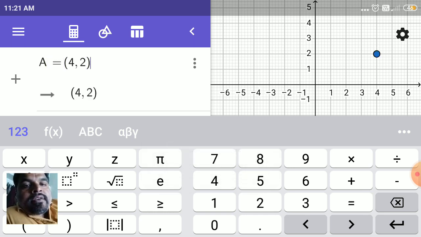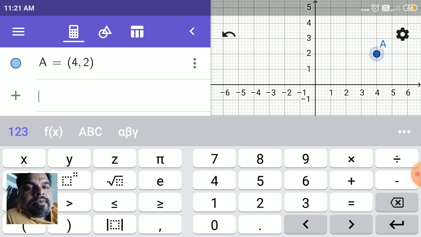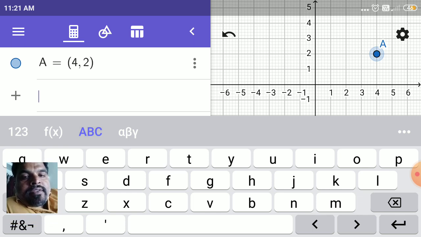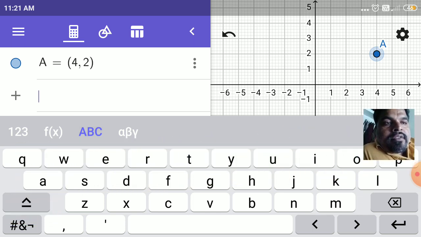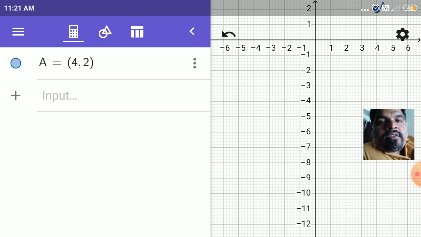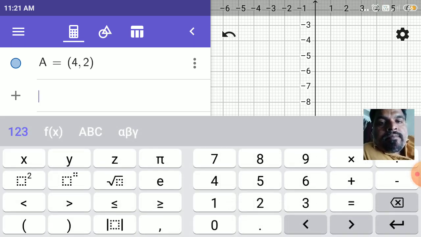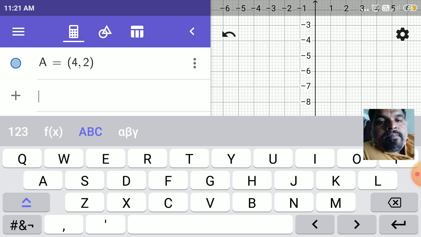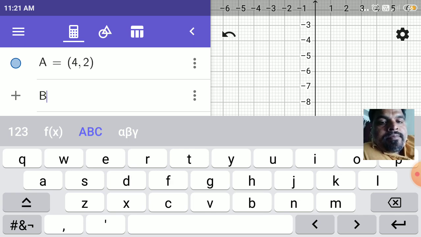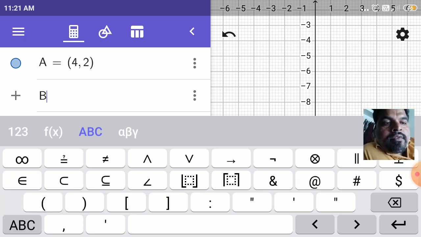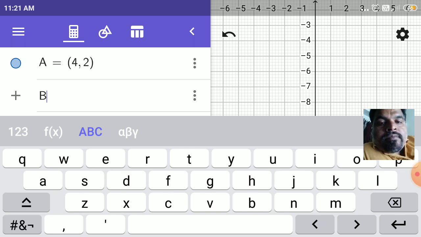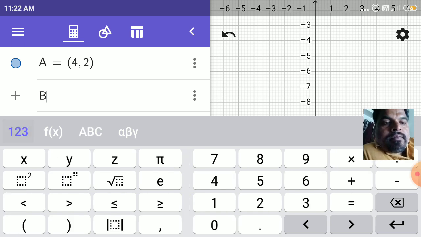Then the name of the second point is B. The point is 5 comma 1.